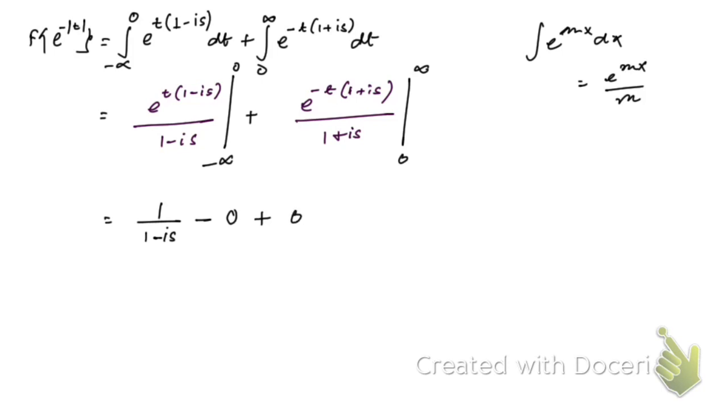So 0 by anything is 0, then minus. Sorry, I have missed one thing, this minus, so here it should be minus. Okay, then if you put 0 here, then it's going to be e to the power 0, which is 1 by minus 1 plus is. That is what we have got. This minus becomes plus, right? So got it, make it positive.